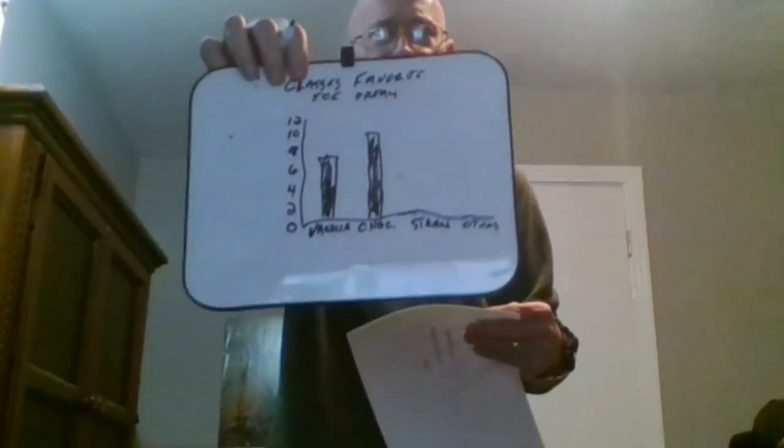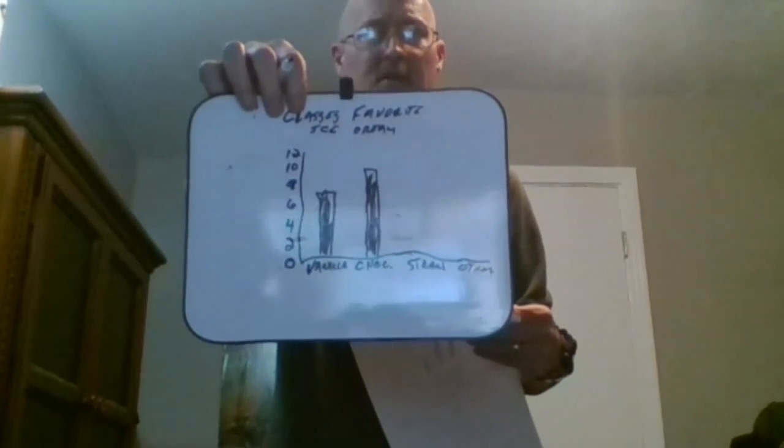Next, chocolate. 9 students prefer chocolate. So we're going to put that in there. It looks something like that. And we have 3 students who prefer strawberry.